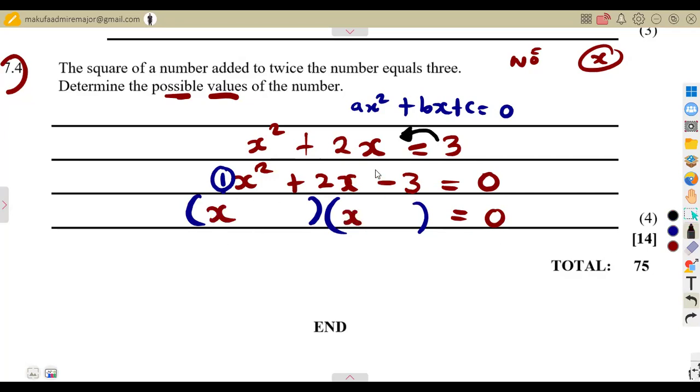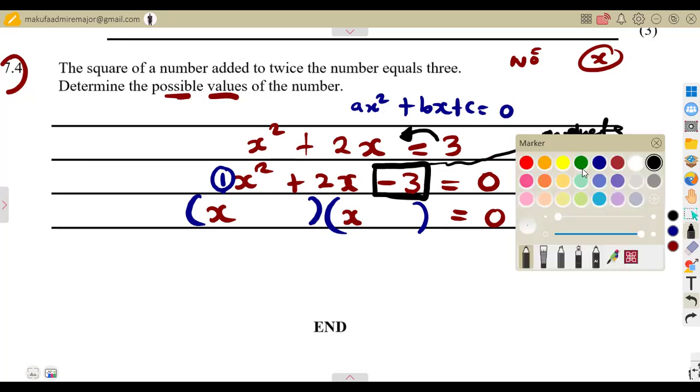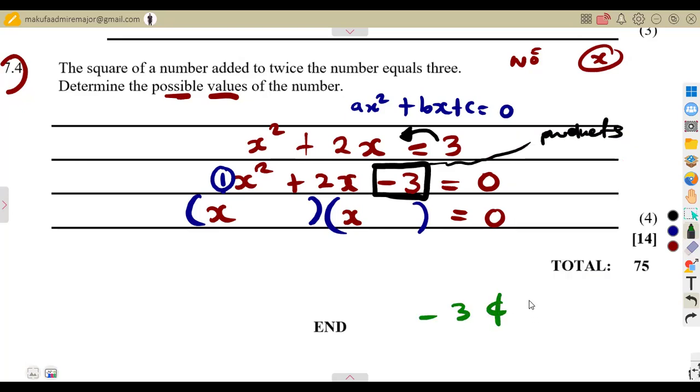So consider the product of -3, the factors, the products that you're going to use. But these products of -3 must add up to a positive 2. If I multiply these two numbers, we are going to get a -3. But when we add, where are we going to obtain a positive 2?